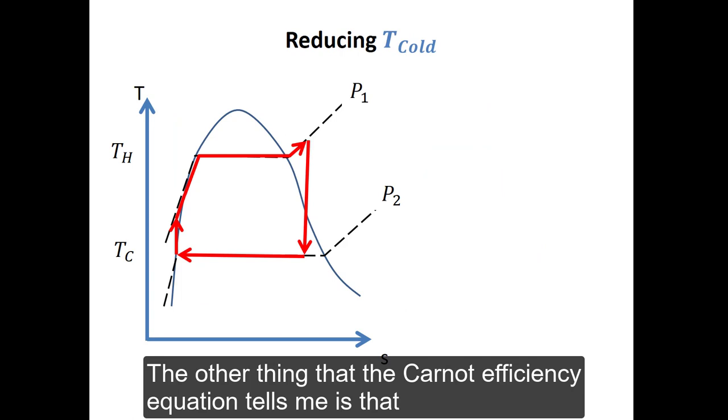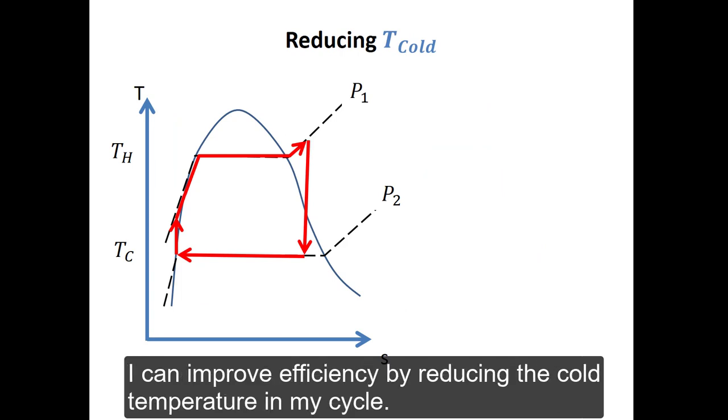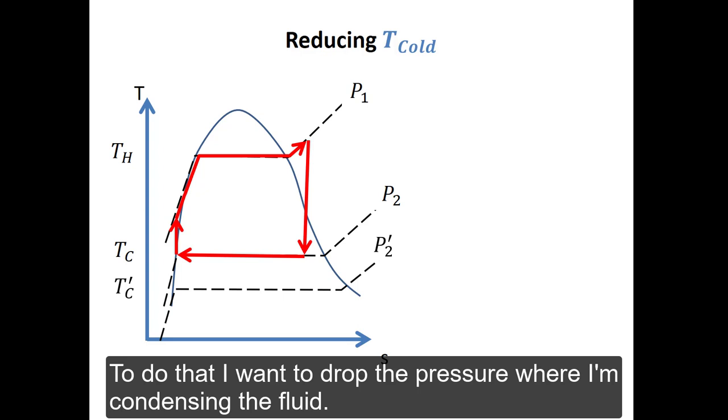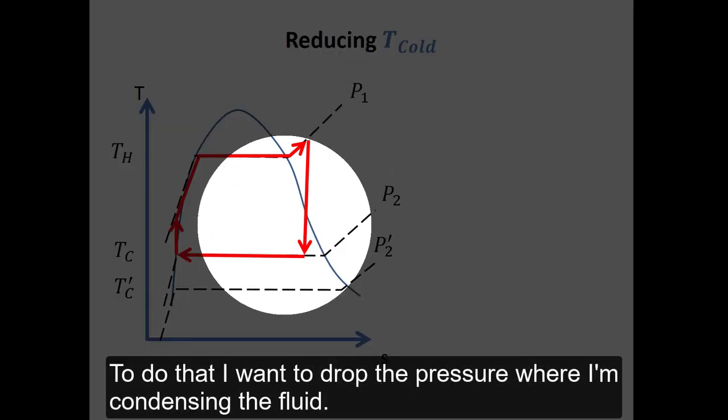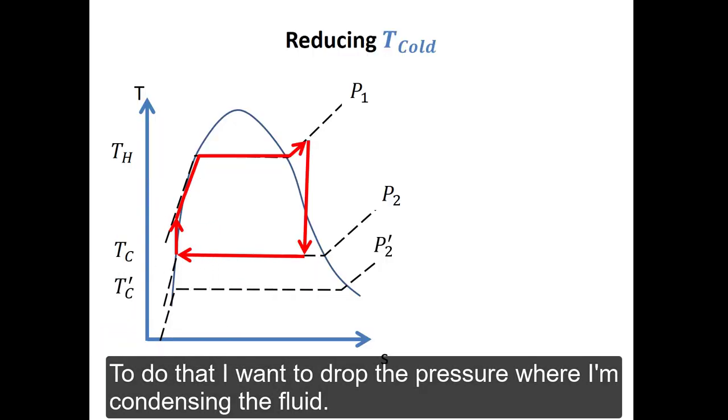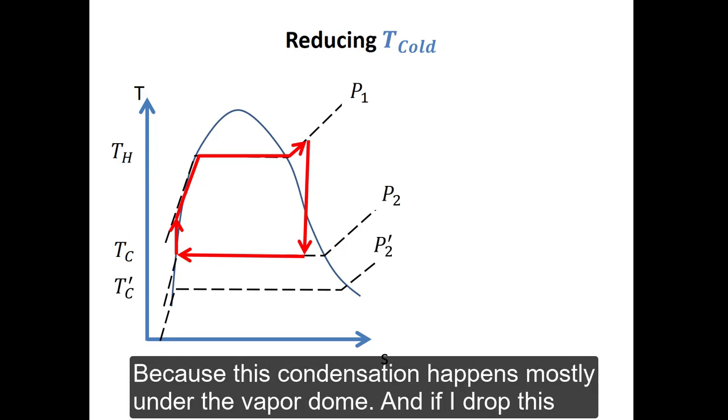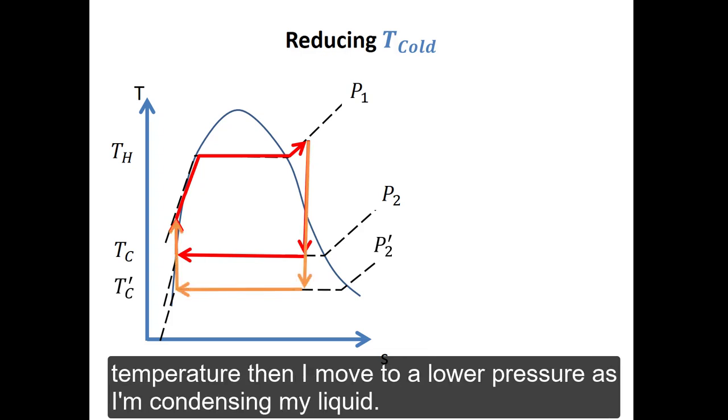The other thing that the Carnot efficiency equation tells me is that I can improve efficiency by reducing the cold temperature in my cycle. To do that, I want to drop the pressure where I'm condensing the fluid, because this condensation happens mostly under the vapor dome, and if I drop this temperature, then I move to a lower pressure as I'm condensing my liquid.